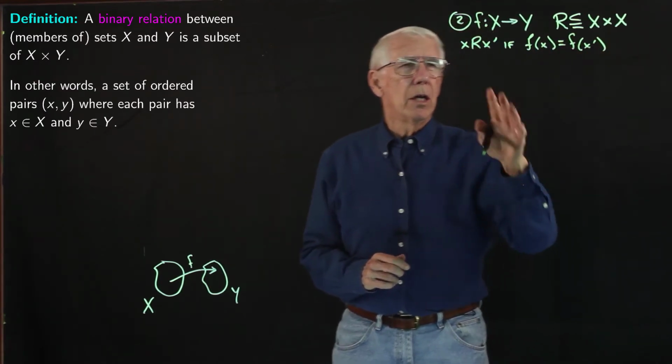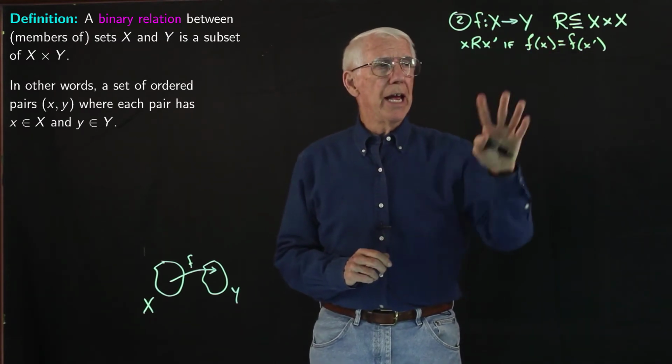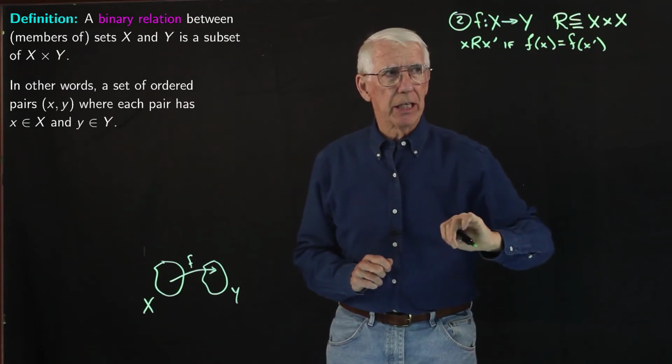So two elements of the domain are related in this relation if they get mapped to the same element in the target space.